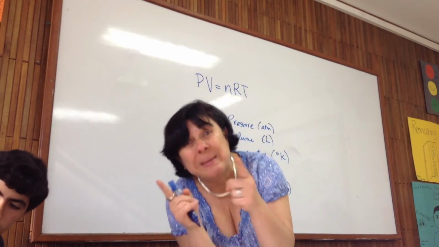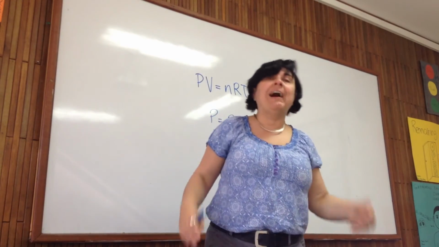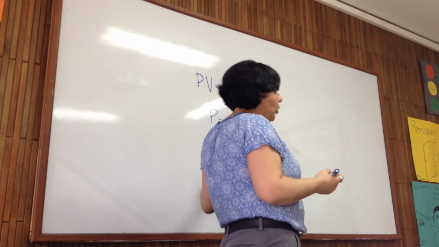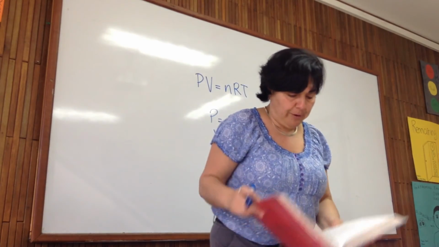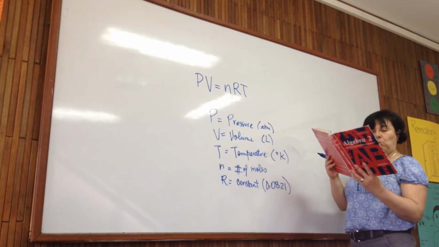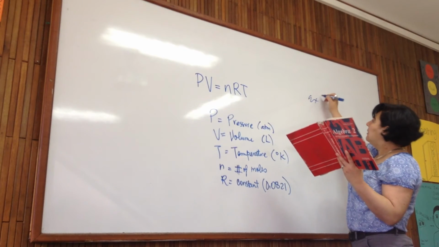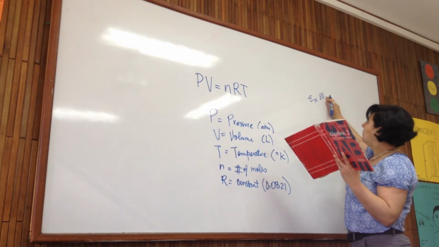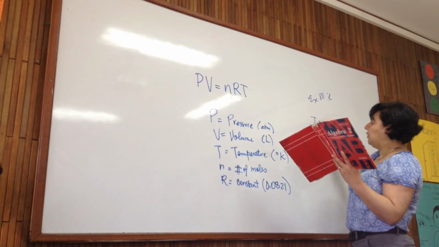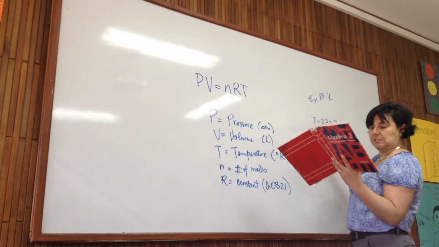Let's use this relationship to find the number of moles. If they tell you to find the number of moles, the one you don't know is n. The number of moles in an amount of gas where the temperature is... This is example 8.2. The temperature is 273 kelvin, which means it's 0 degrees Celsius.